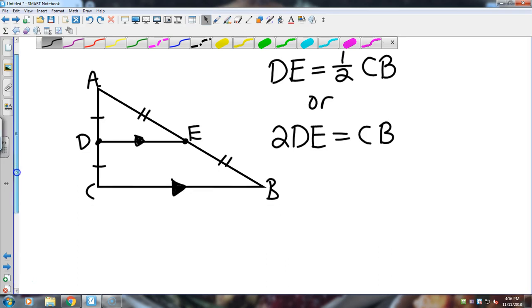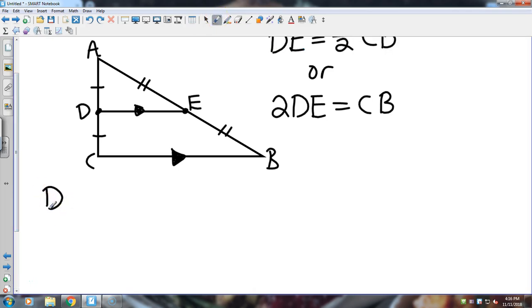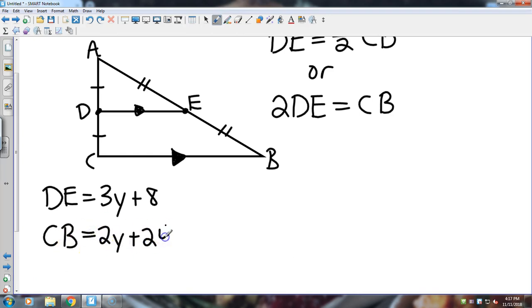Okay, so let's say that DE is equal to 3y plus 8. So DE is equal to 3y plus 8. Okay, and then CB is going to be equal to 2y plus 24. Okay, and so I would want you to solve for y here and find the length of both of those segments.